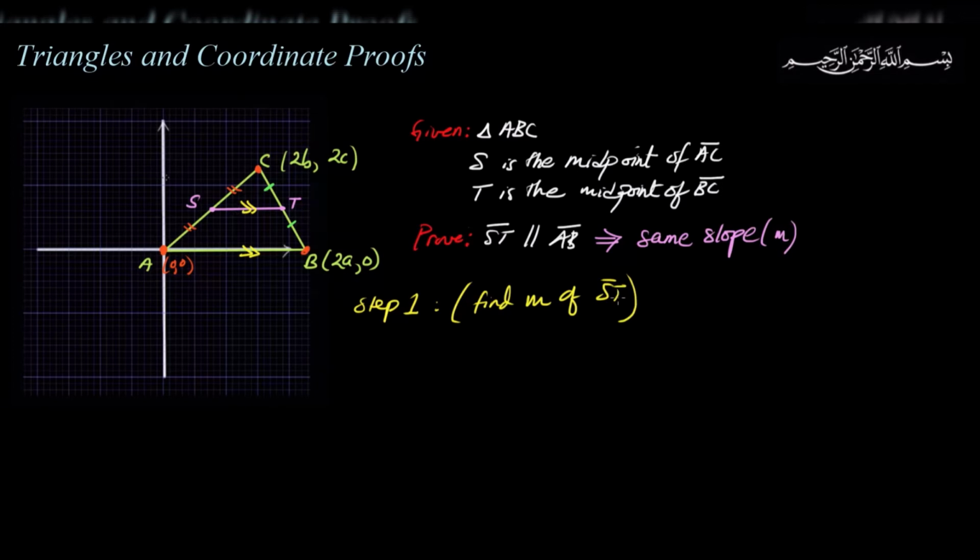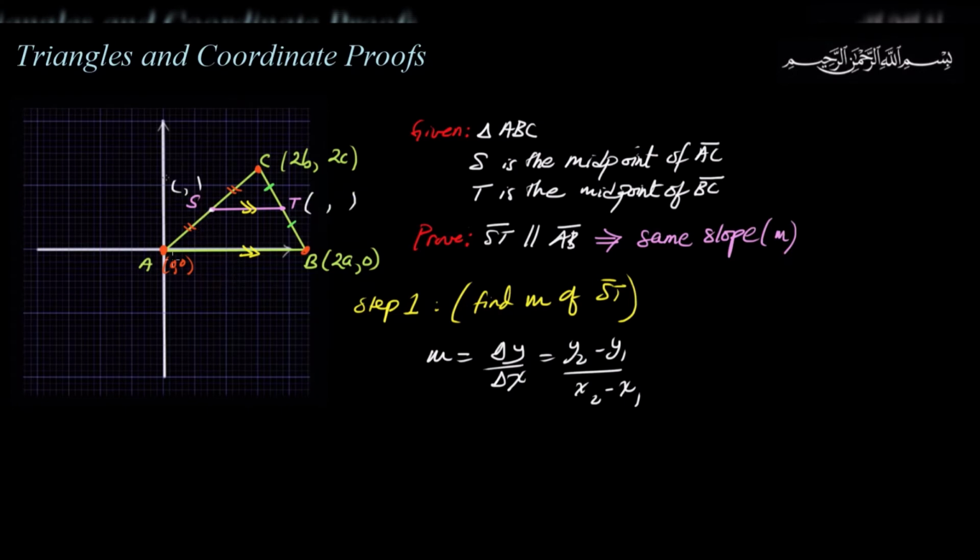To find the slope of ST, we have a formula. Slope is change in y over change in x, in other words y2 minus y1 over x2 minus x1, if you recall. In order to do that, we need the ordered pair that belongs to S and T. How do we find them?